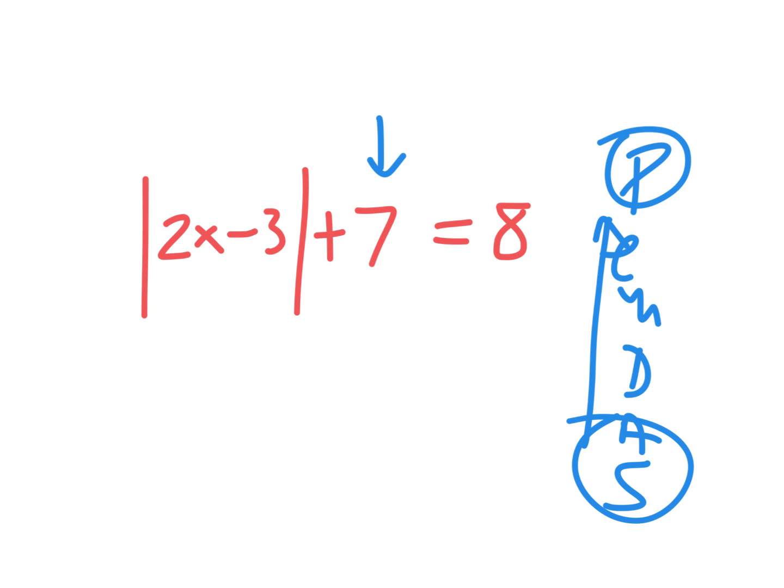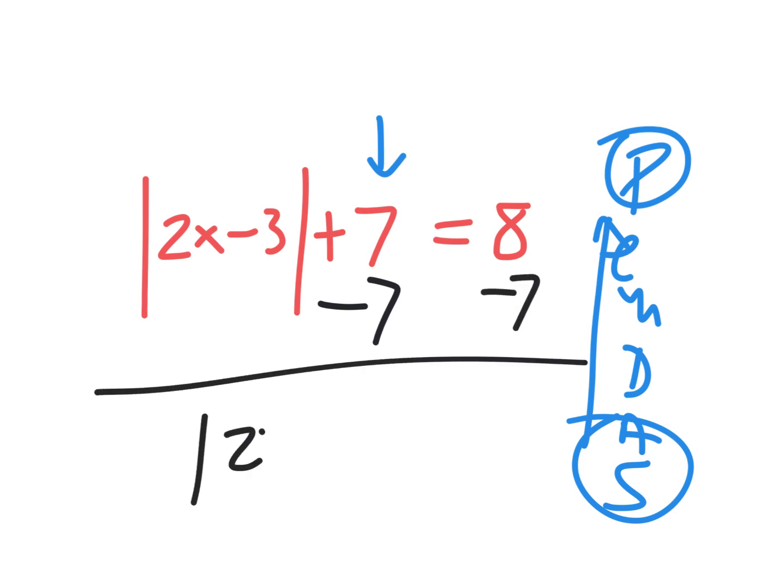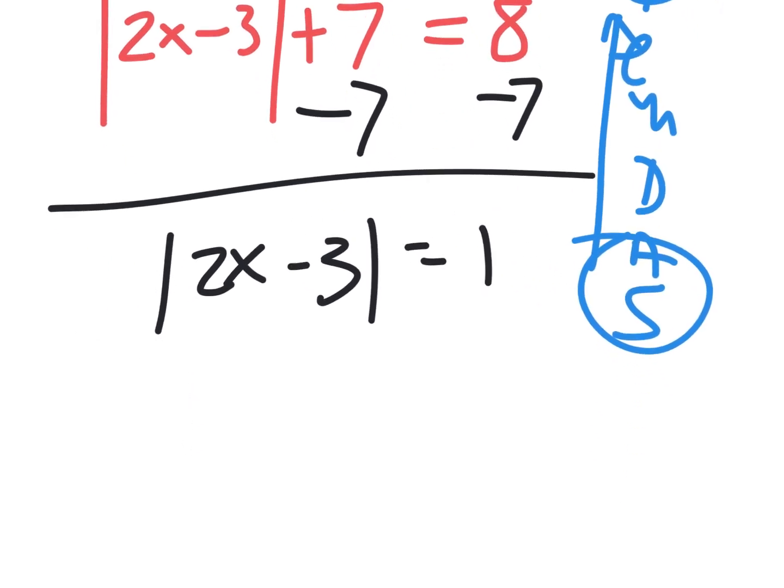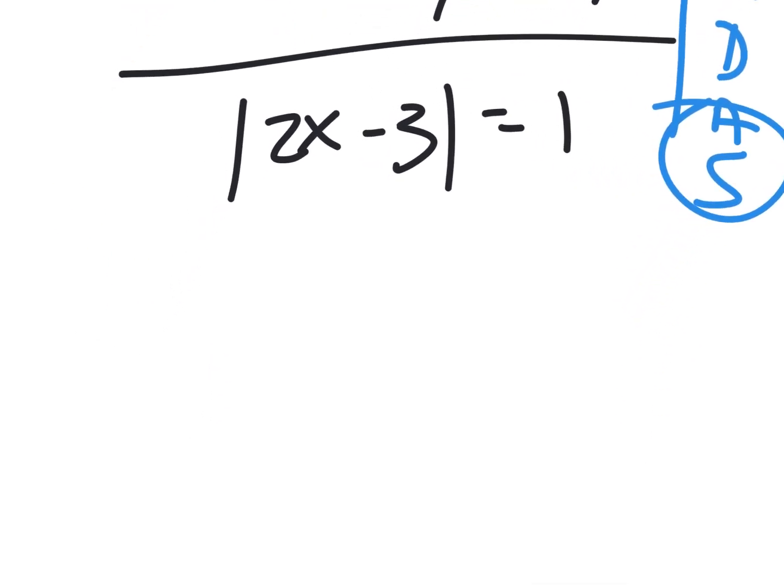All right, so I ask myself, is there anything I could add or subtract? Yeah, I could subtract 7 from both sides. 8 minus 7 is 1. And then, I hope you remember how to solve it from here. Let's pause for a second and see if you can finish this one.